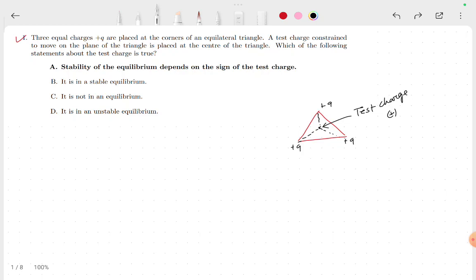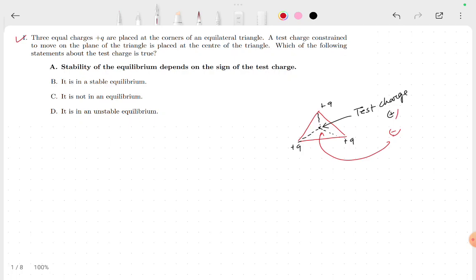Again, consider the same triangle. If we place a negative charge at this test charge location, then an attractive force acts between it and all the charges placed at the corners.